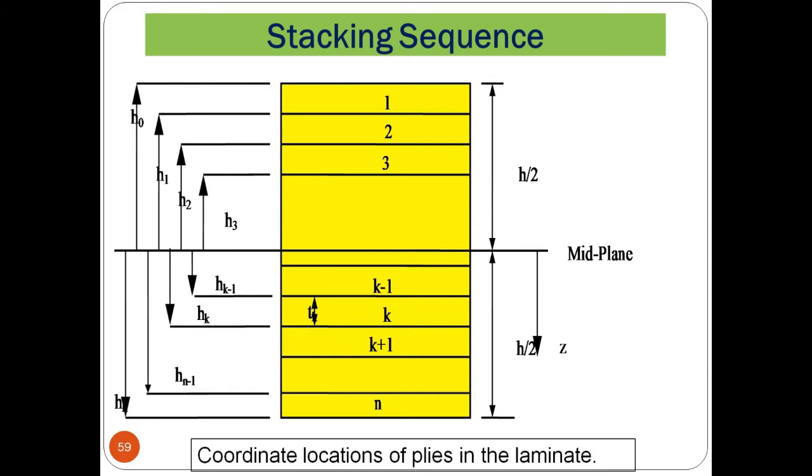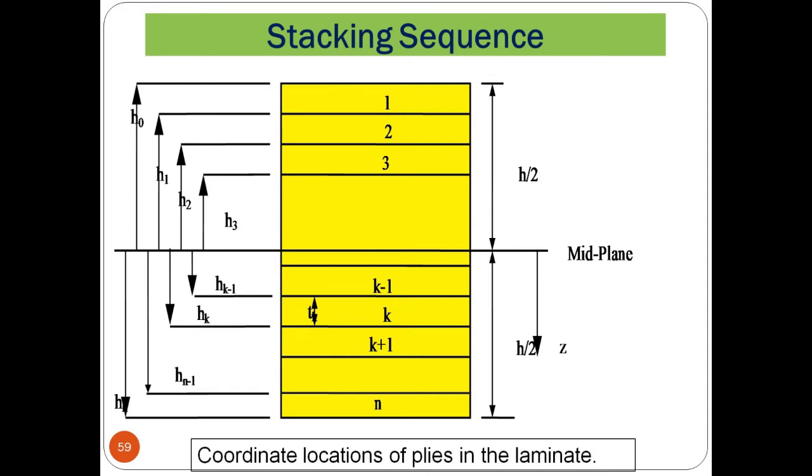If you are able to see, there is a midline, which is called the midplane, and the top surface of the laminate has a distance of small h by 2, and similarly the bottom surface for n number of laminas is also h by 2.